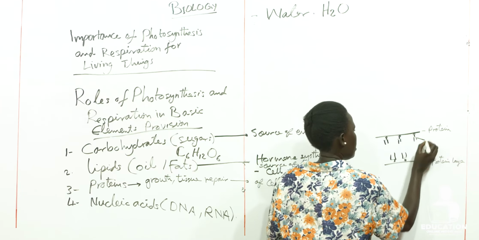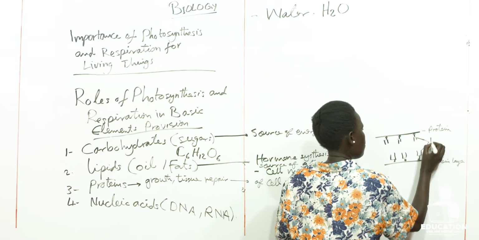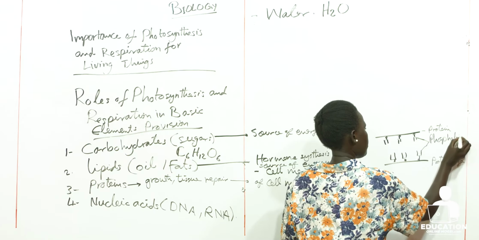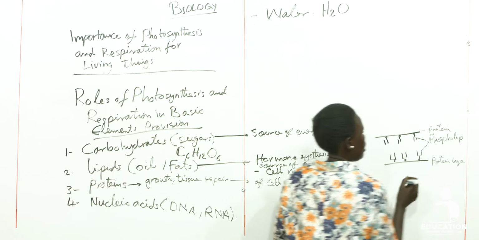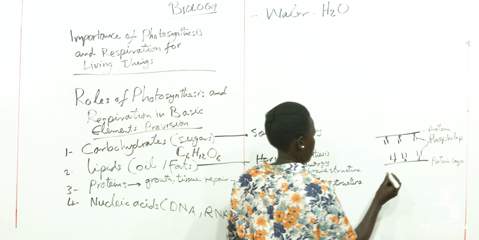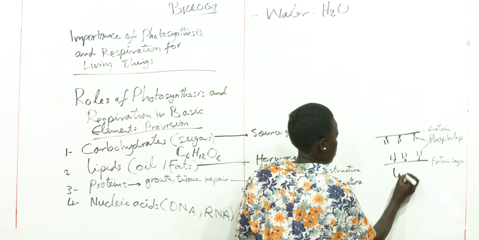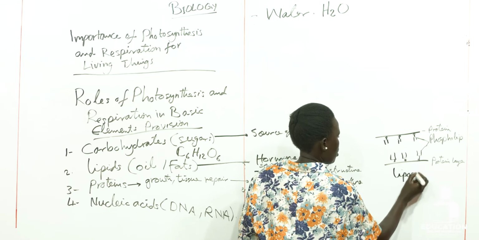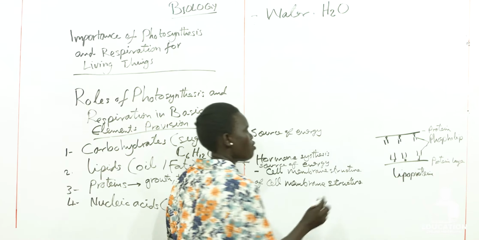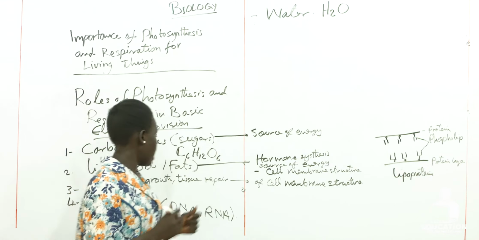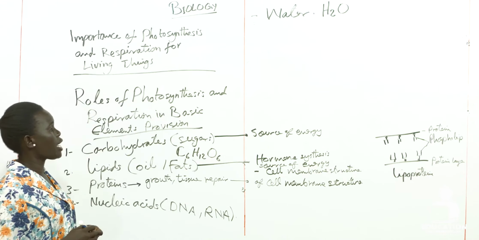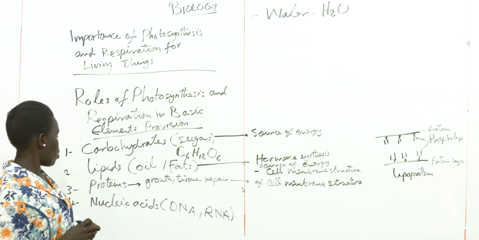So this layer is the phospholipid layer. That's why the cell membrane is known as lipoprotein, which means it is made up of lipids and proteins. So this is an example of how these compounds can make up cell structures.